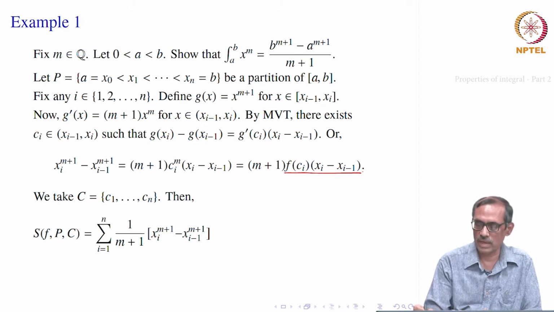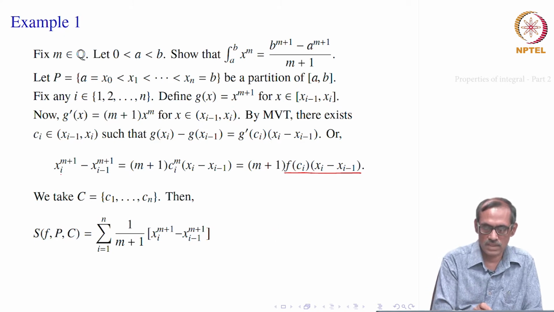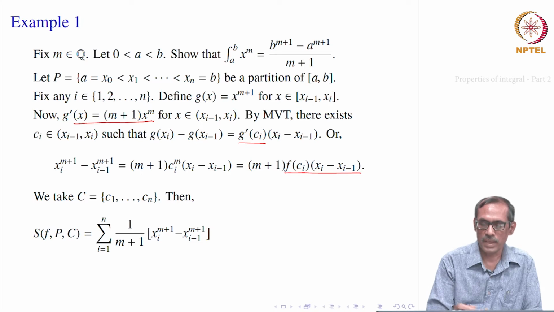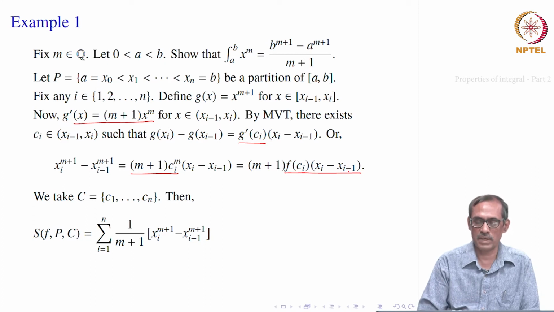And this we compute from x i to the power m plus 1 minus x i minus 1 to the power m plus 1, which is equal to g prime of c i times x i minus x i minus 1, because g prime of c i equals m plus 1 into c i to the power m. So, this is equal to m plus 1 times f of c i into x i minus x i minus 1.